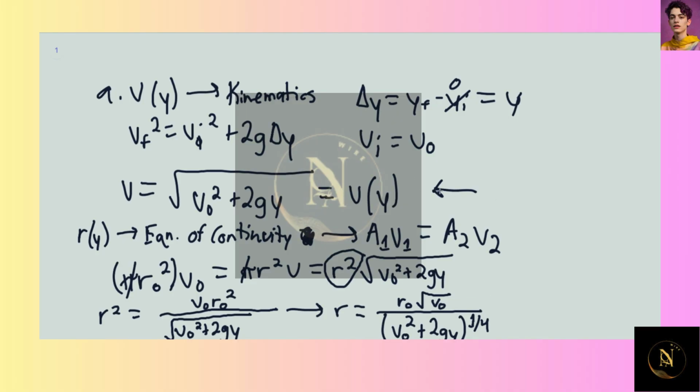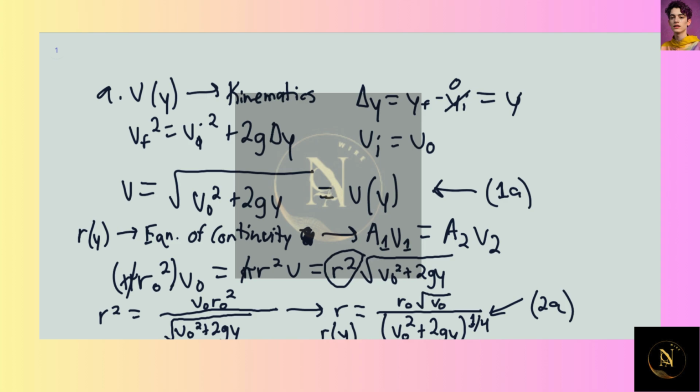This would be the first part of A, and this would be the answer for the second part of A. This is essentially our r of y, and this is our v of y.